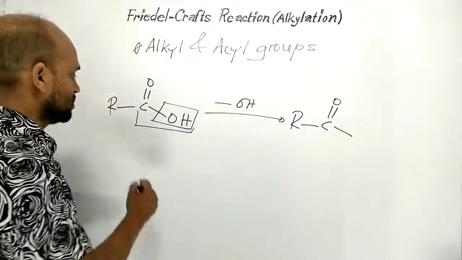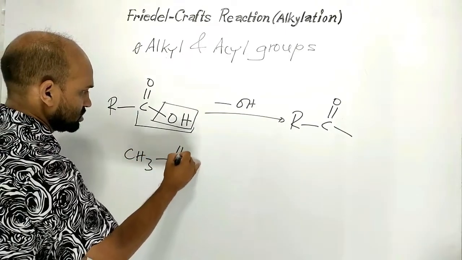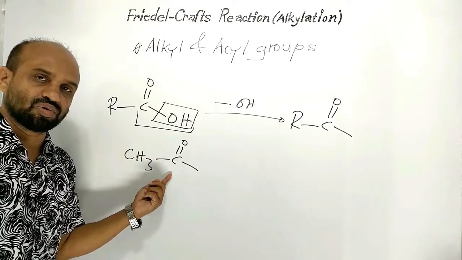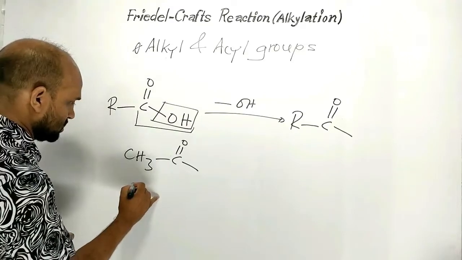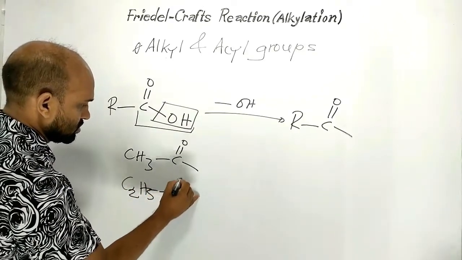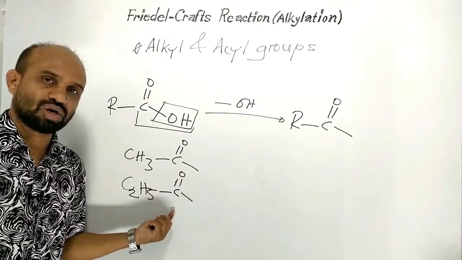For example, CH3CO, this is acetyl group or ethanoyl group. C2H5CO, this is propanoyl group.